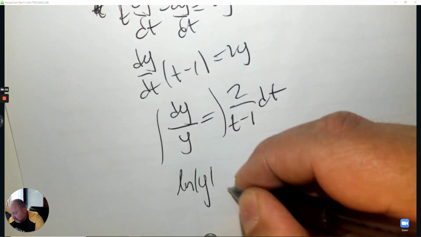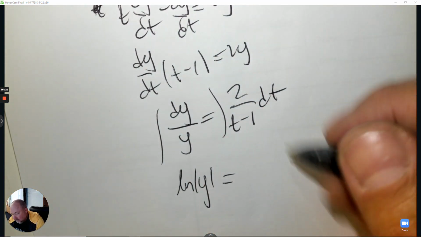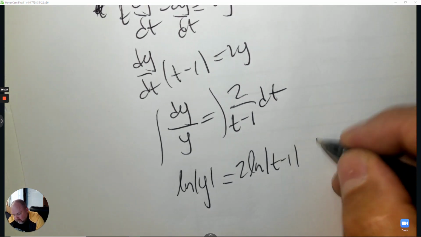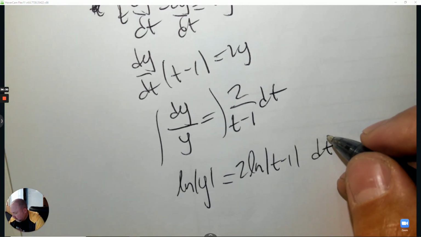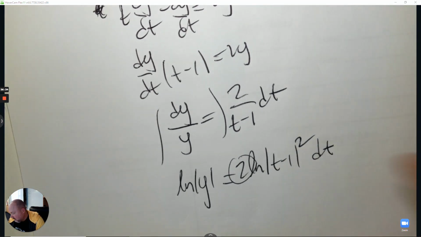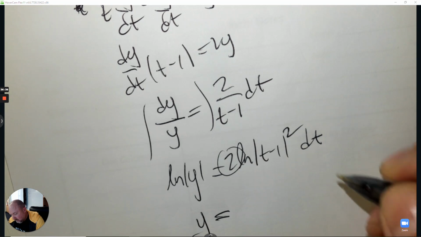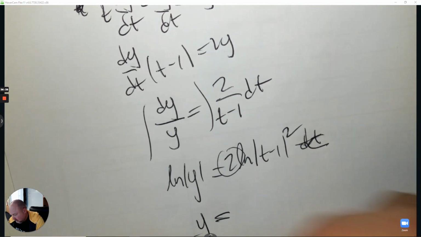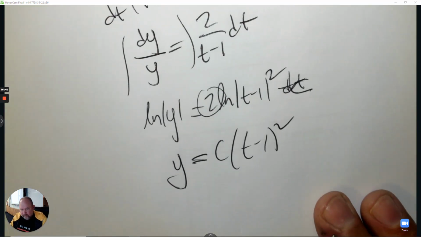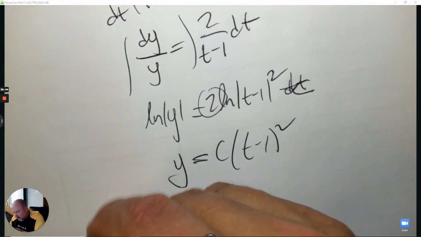It's a logarithm. This is ln. This can be an exponent there, and then the logarithms can undo each other. So it's just y equals t minus 1 squared. All right, 23.